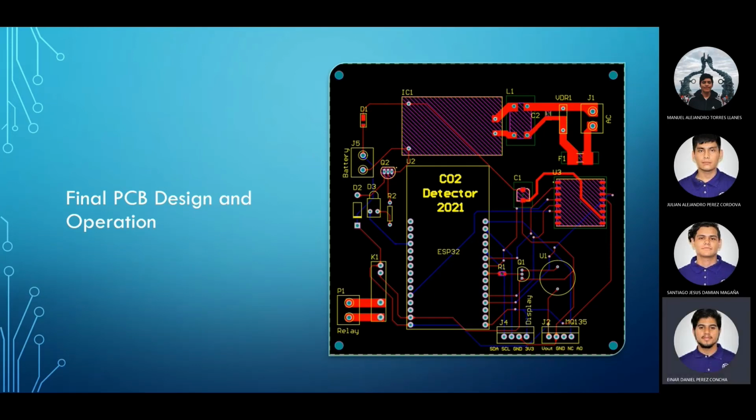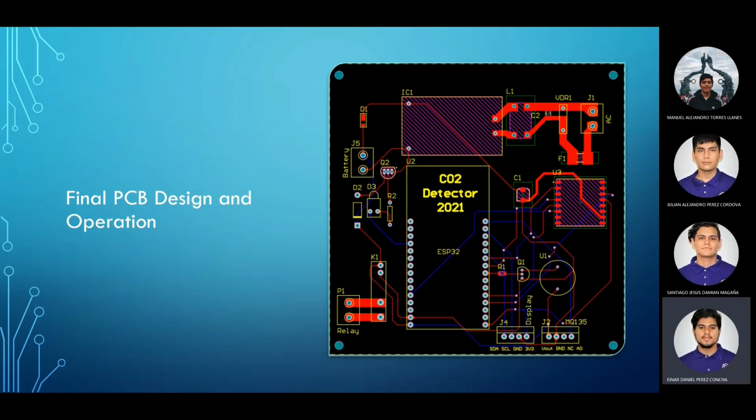So we finally have our final PCB design and its operation. This PCB is 100 millimeters high and 100 millimeters wide. You can see how the sections explained before, or the layers explained before, are divided for us to route every component on the PCB.